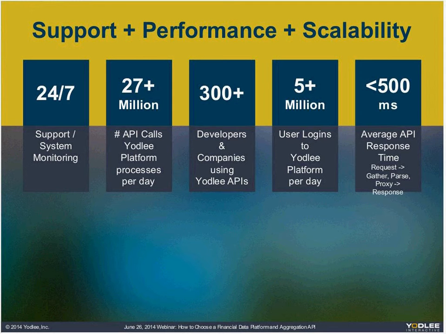These are some of the stats that we have at Yodlee that hopefully articulate just how robust our platform is. We have a global presence, so because of that, we have to be diligent in monitoring outages and connectivity 24/7.